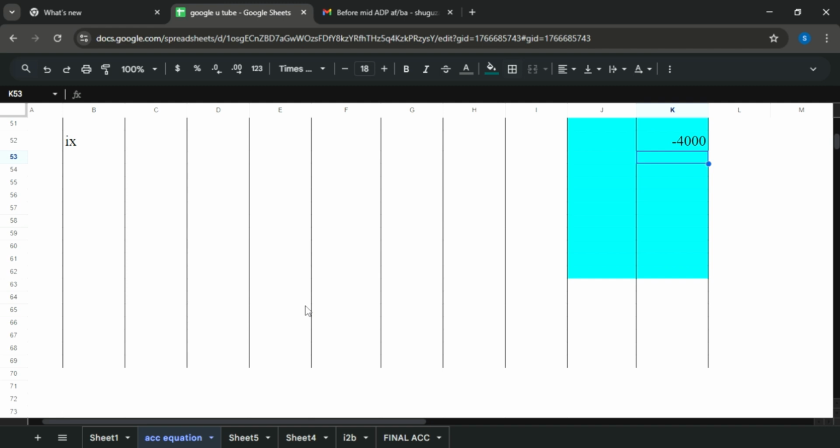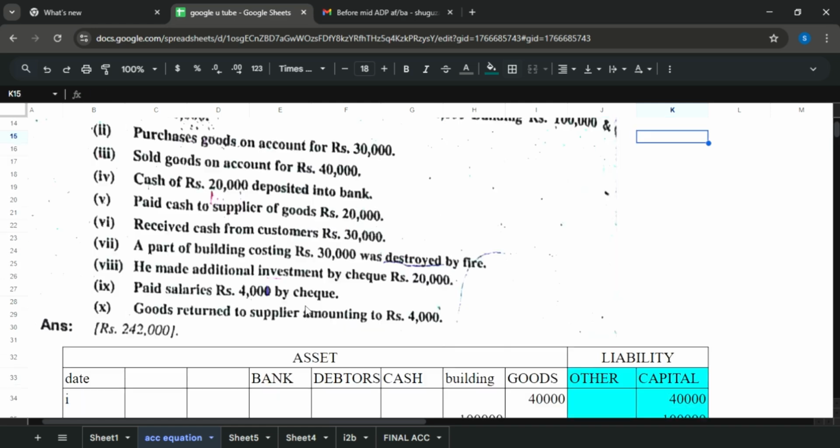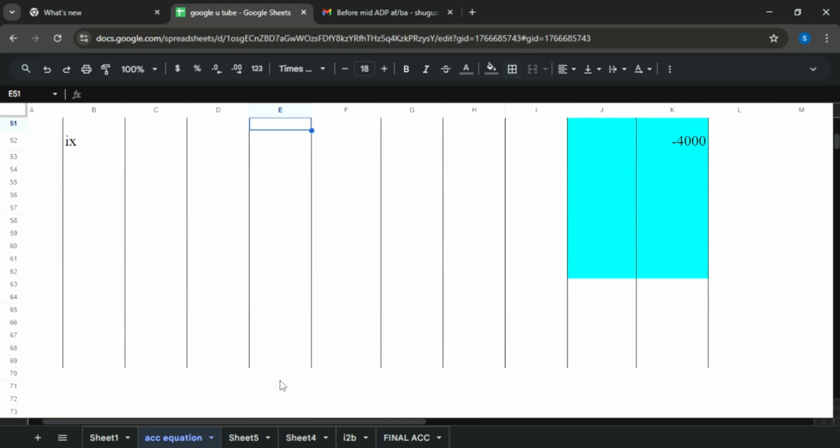Understand it well. Salaries are expenses. Expenses should be adjusted in capital, and since it has been paid by check, due to payment through check, your amount in bank account would be decreased. So 4,000 would be with minus sign because the amount has been decreased.